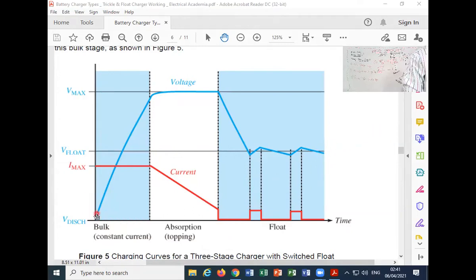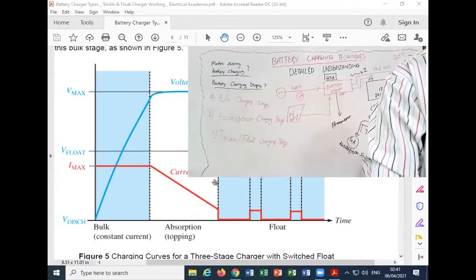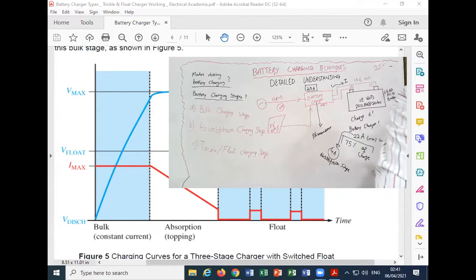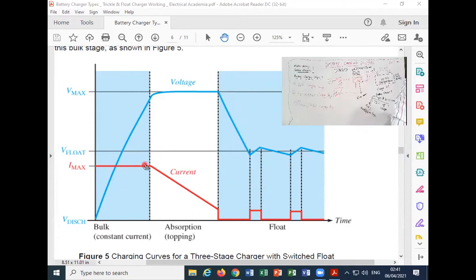Now the battery is charging. This is the current I told you, the 22 amperes current, right? The 22 amperes current I just told you that this battery will draw. So the battery will start from here, and now the battery is charging. This is the voltage, this is the internal voltage buildup. This blue line of the voltage is what?